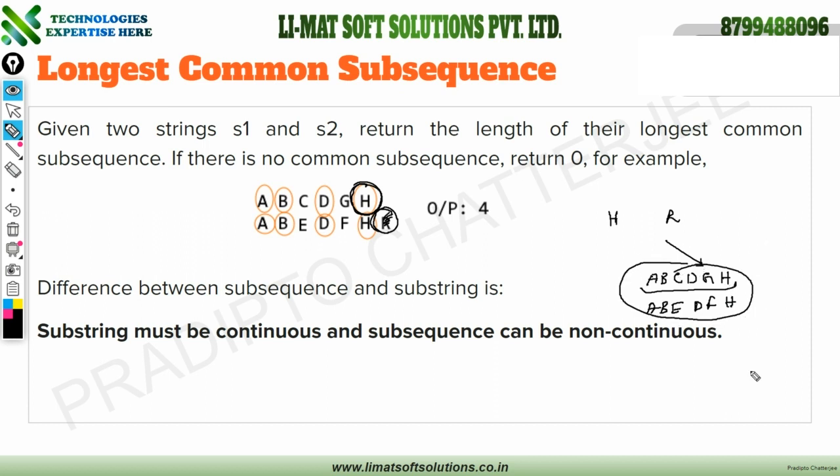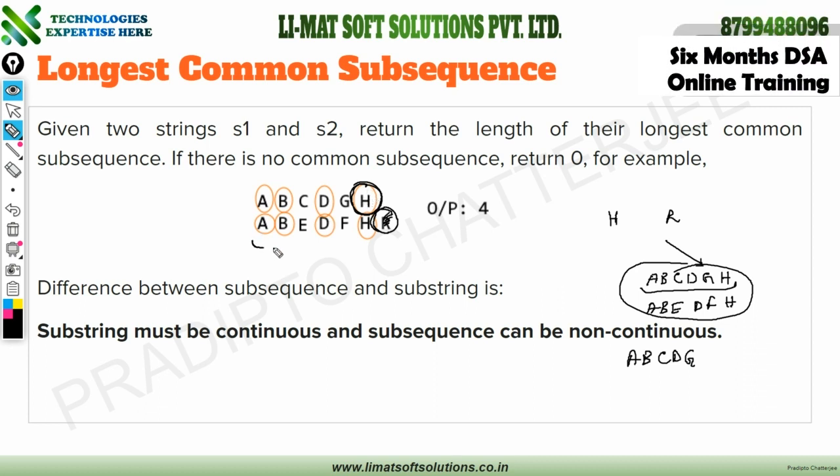Or else I can have another combination: A, B, C, D, G, where I will not consider the last character, and I will take the entire second string, A, B, E, D, F, H and R. So this one and this one.